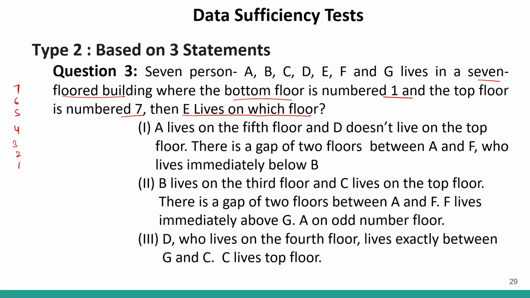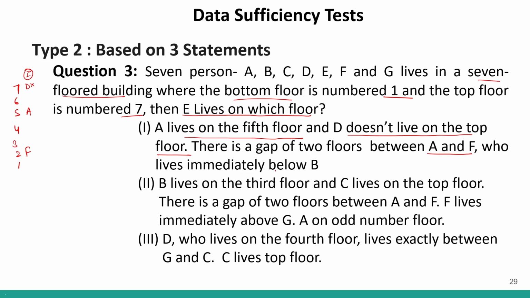Okay? Now, A lives on the 5th floor. This is by statement 1. Okay? By statement 1, I can say A lives on the 5th floor and D doesn't live on the top floor. So D does not live over here. Correct? There is a gap of 2 floors between A and F. So gap of 2 floors means 1, 2, F will sit over here, or F will be in this floor.